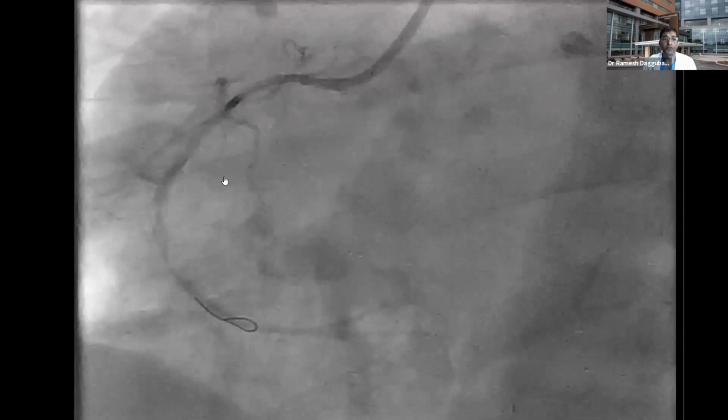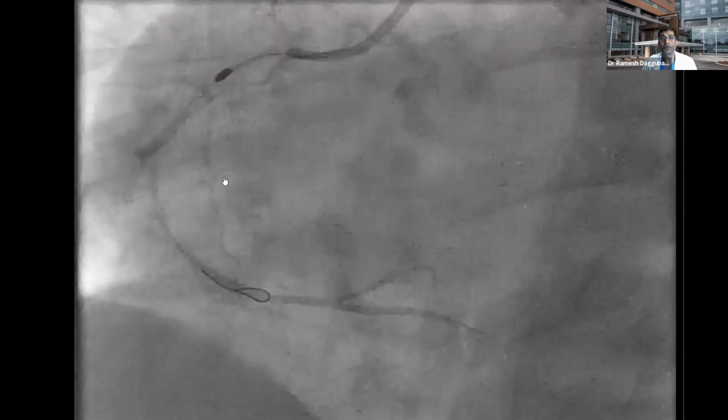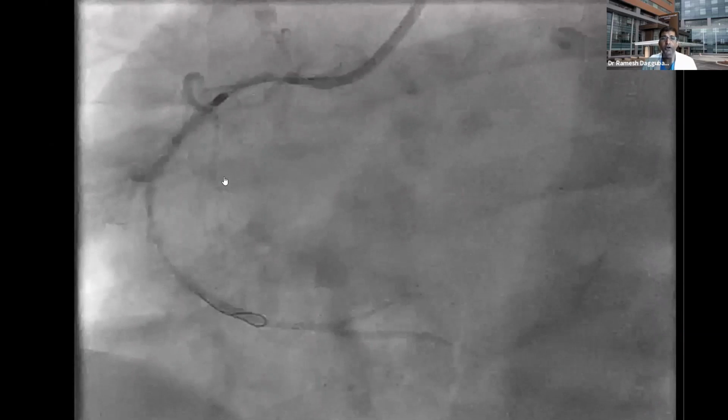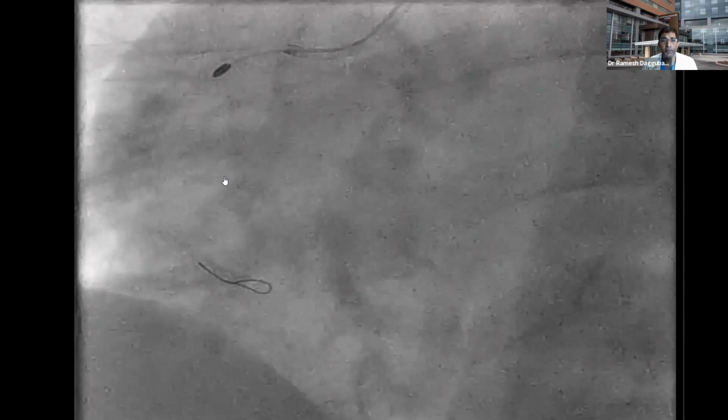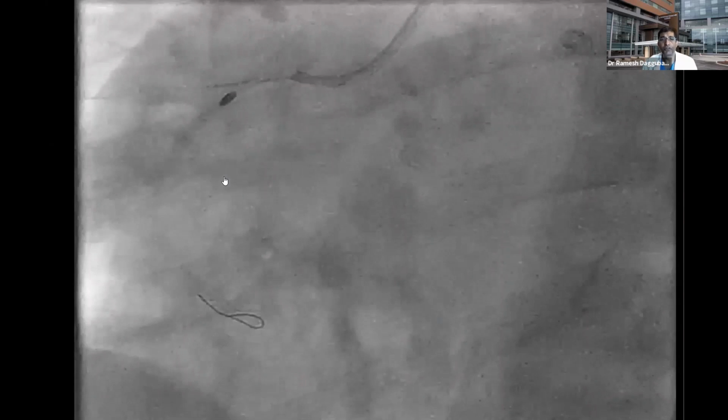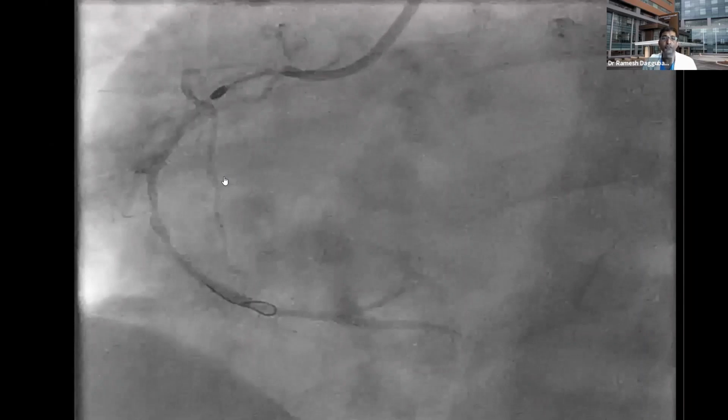And I went in, and the rotor got stuck. Why rotor got stuck is because I chose a 1.5 burr, and I was rushing through it, and I might have pushed it through the lesion.